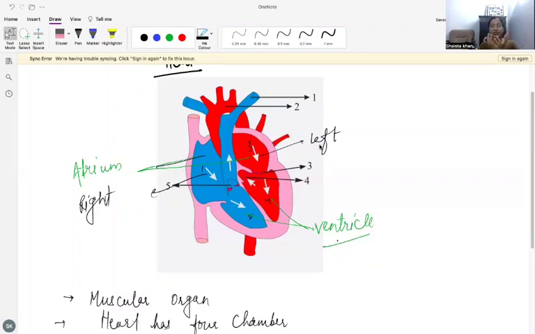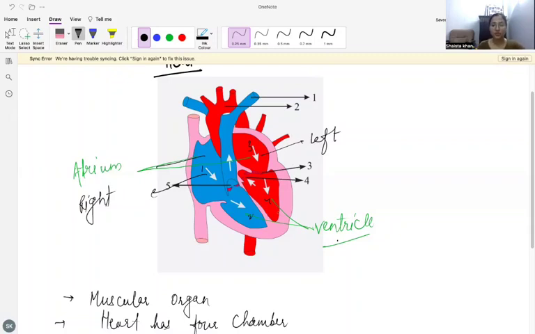But in actual form, this is your right side and this is your left side, just like if you turn over, meaning the complete picture of the heart. So your left is right and your right is left in the picture.